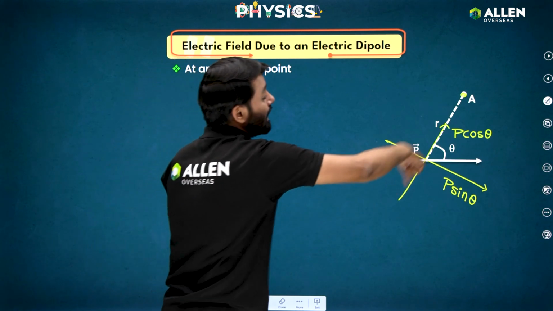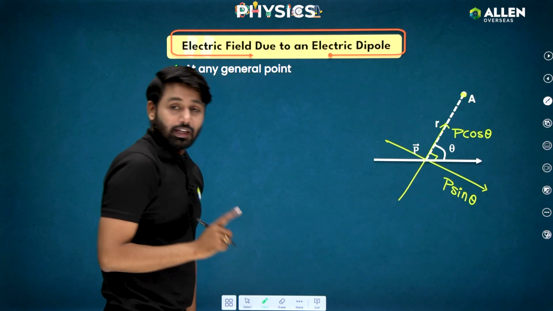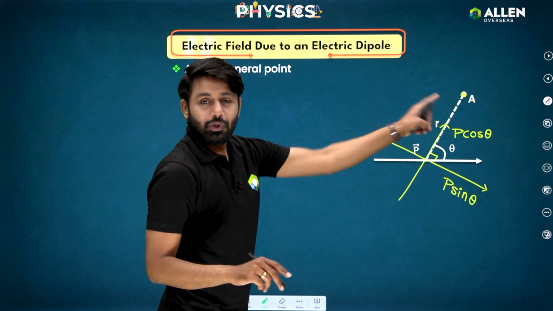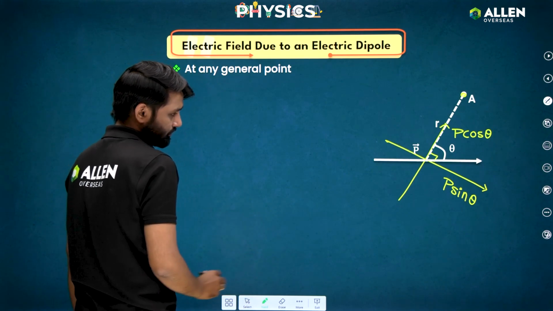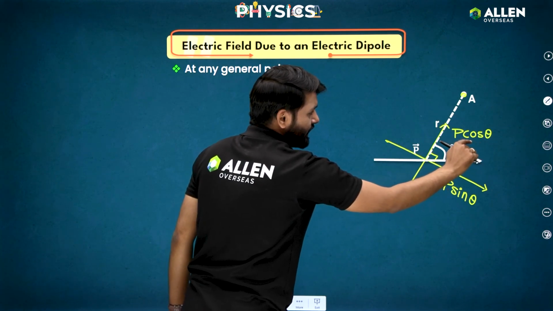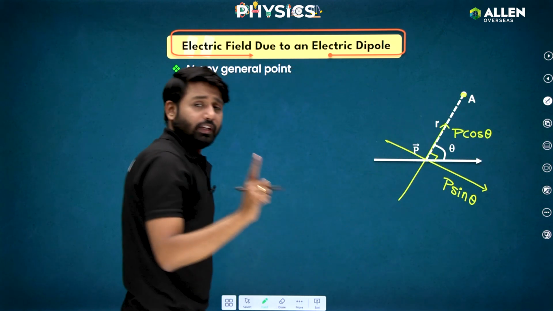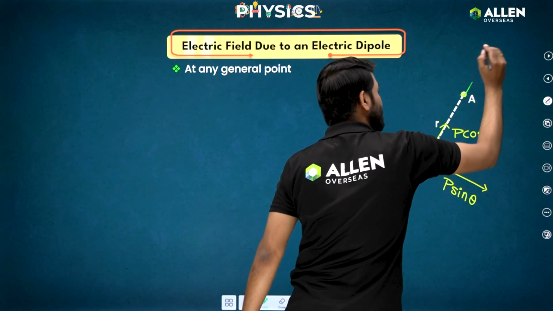This is point at the axis of dipole, and for this dipole, because this is perpendicular to this, act as a equatorial point. Okay, and you must know the formula I am writing here. Due to this one, okay, p cos theta, direction of electric field is in the direction of electric dipole moment. So direction of electric field is this.